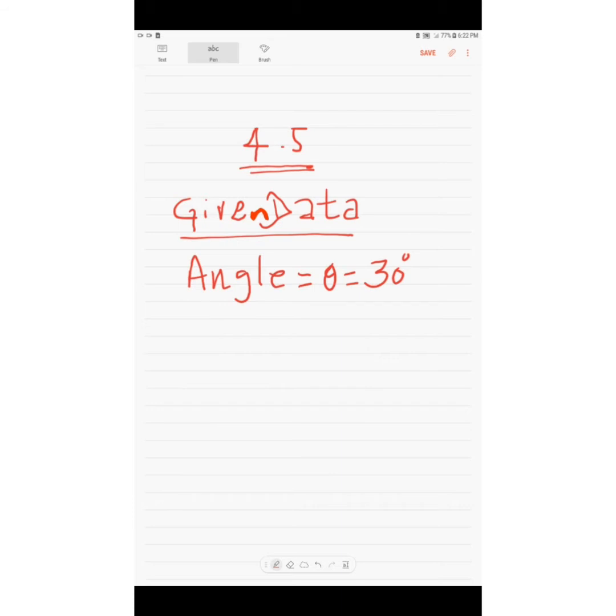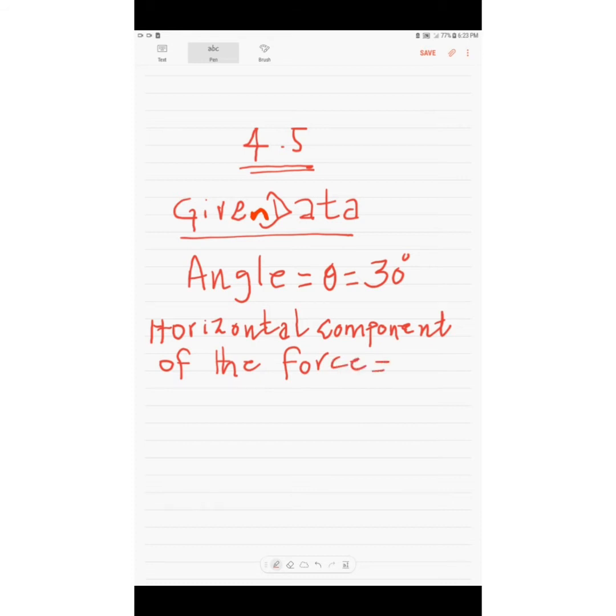Horizontal component of the force is equal to Fx, and Fx is 20 Newton.